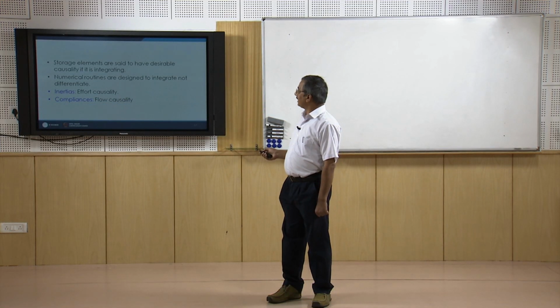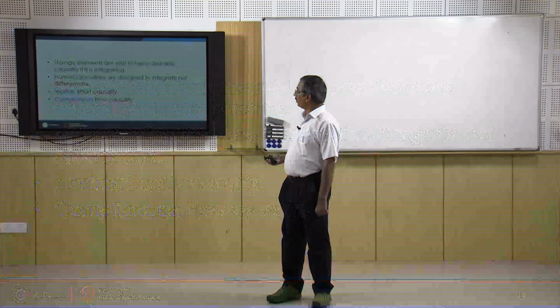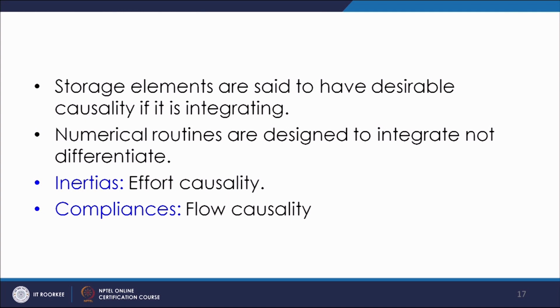Storage elements are said to have desirable causality if it is integrating, and numerical routines are designed to integrate and not differentiate. That is why we prefer the integral causality. Inertias are always effort causal because they take effort and return flow, whereas the compliances are flow causal because they take flow and return effort.